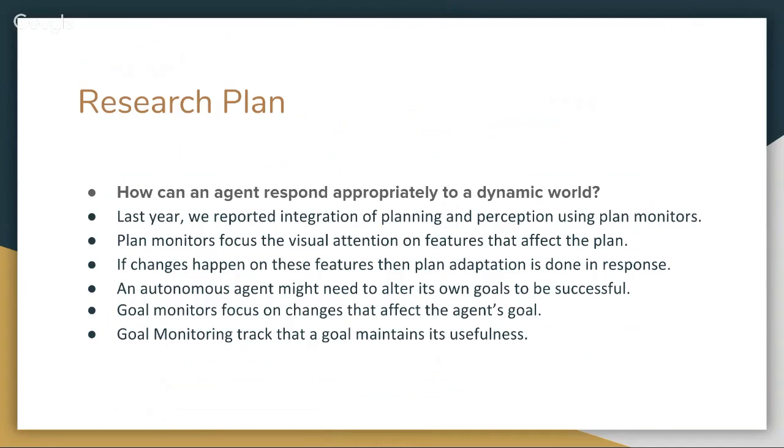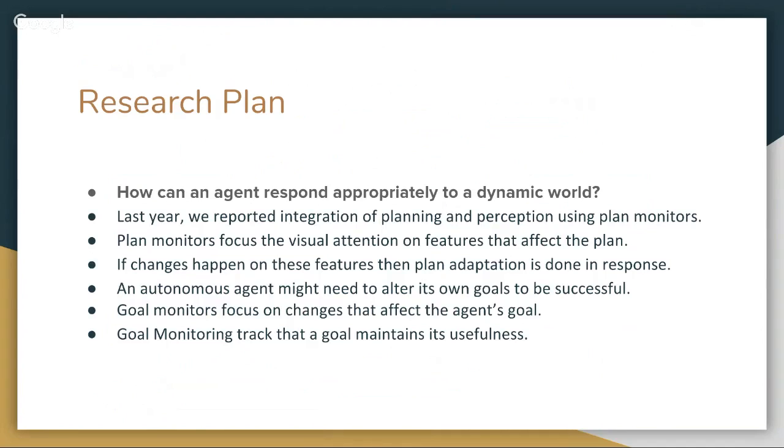Plan monitors guide vision to focus on features that only affect the plan. And if any changes happen to those features, then a plan refinement will be done in response. But replanning or plan refinement is not the only solution for the problem.